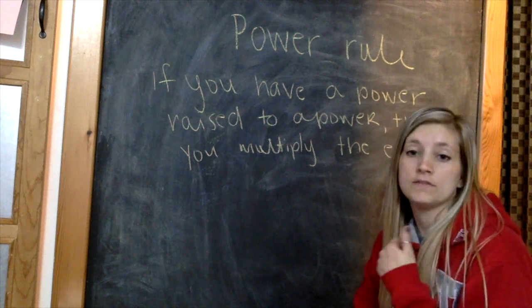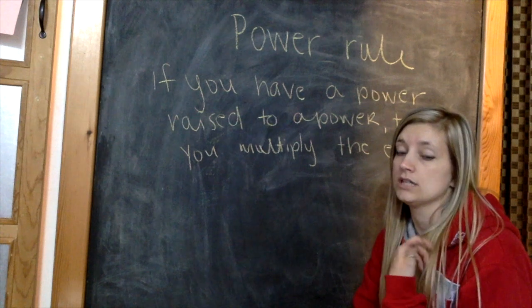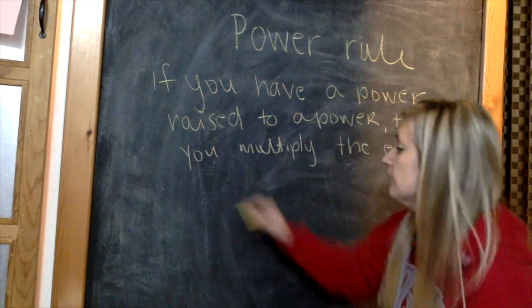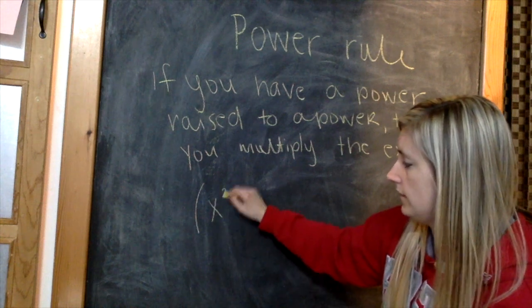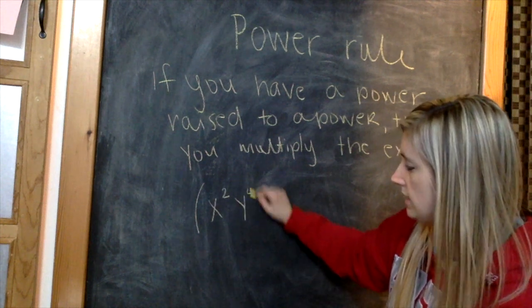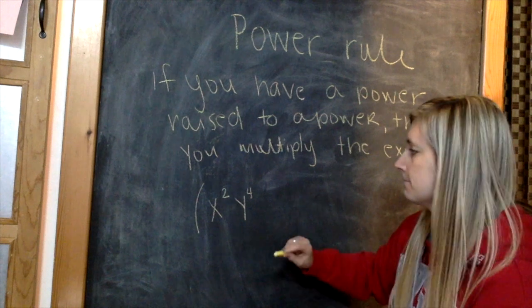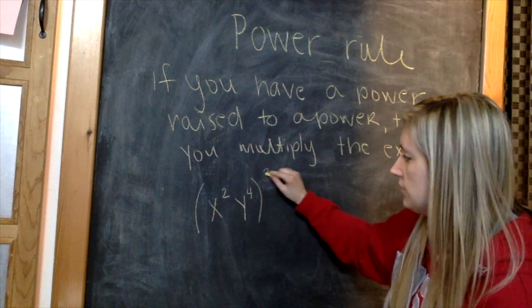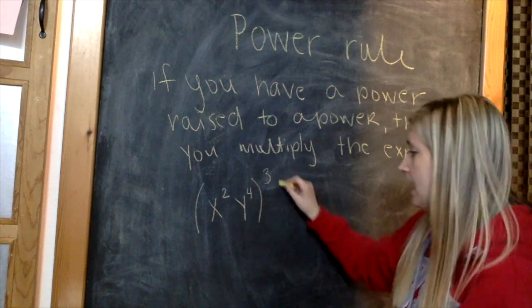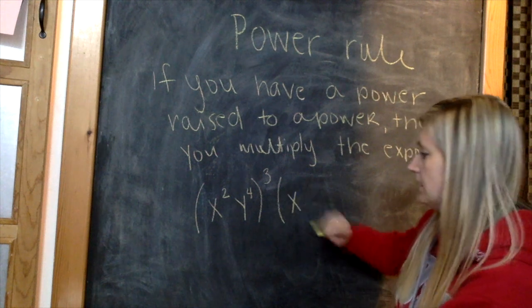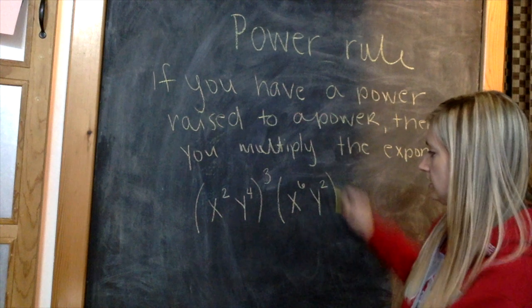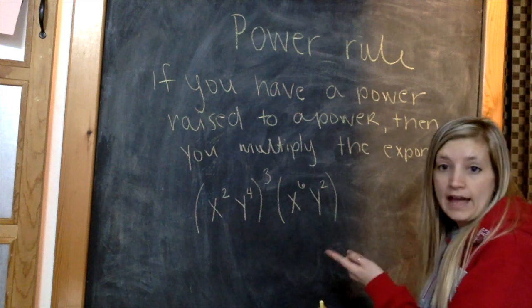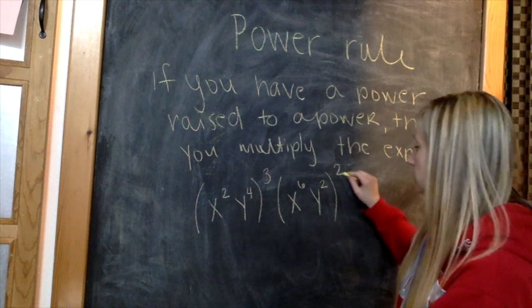So that can be involved in a product, that can be involved in a quotient, okay, or you can have both of them. So this would be the product. So if I have (x squared y to the 4th) to the 3rd, but now I have times (x to the 6th y to the 2nd), and I have all of that squared.